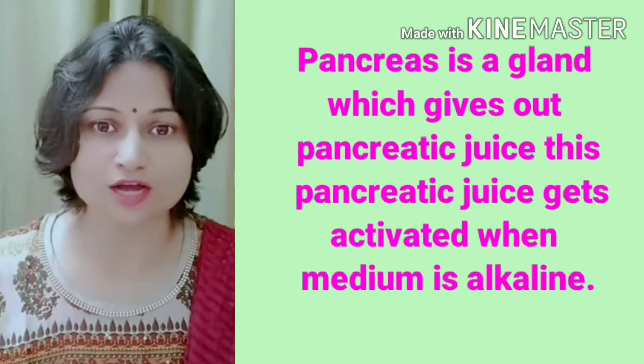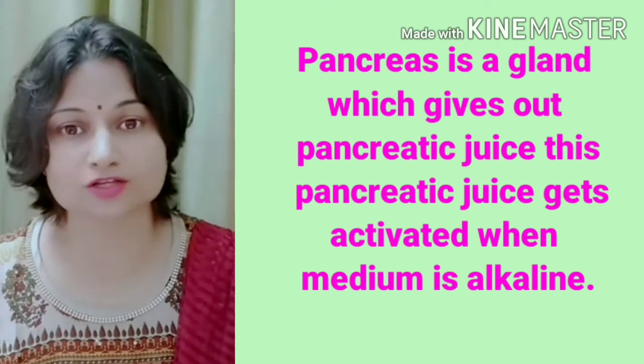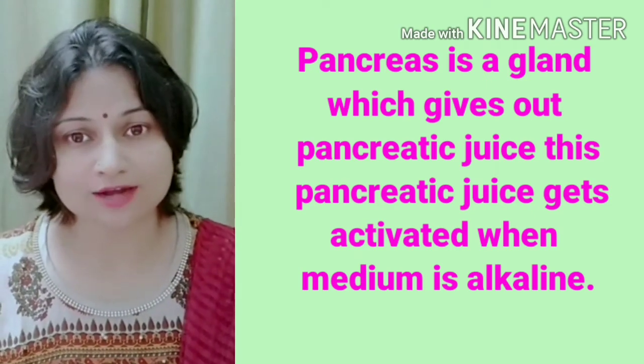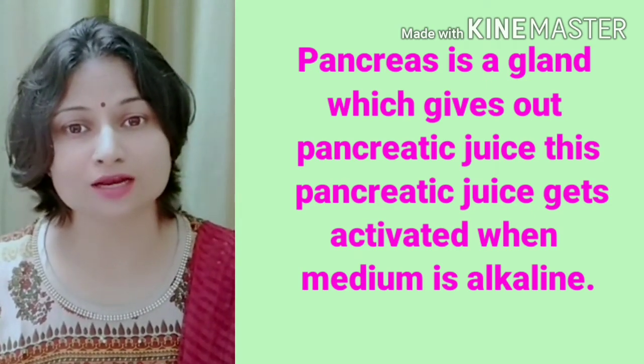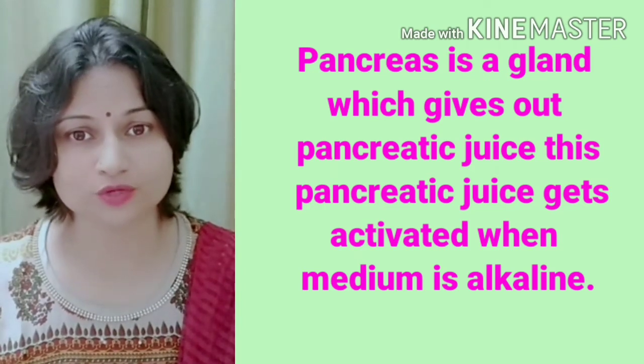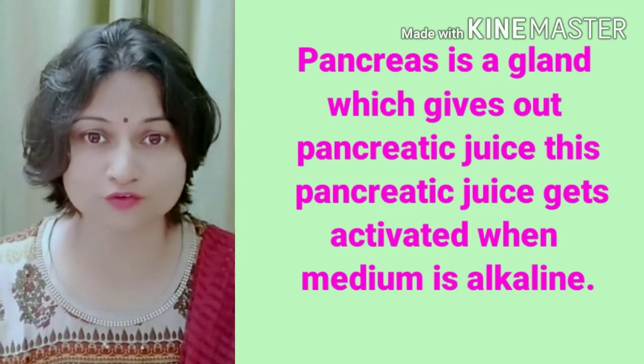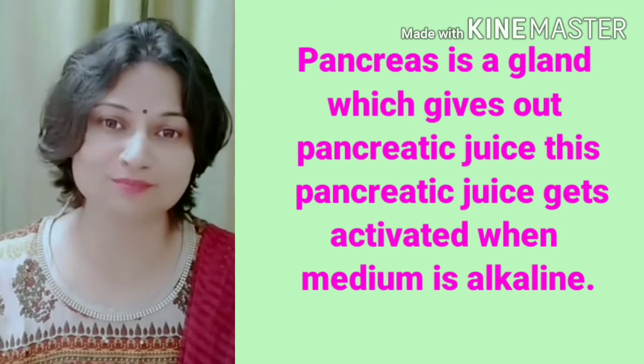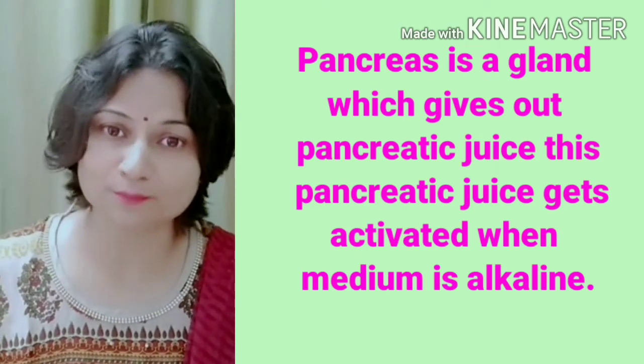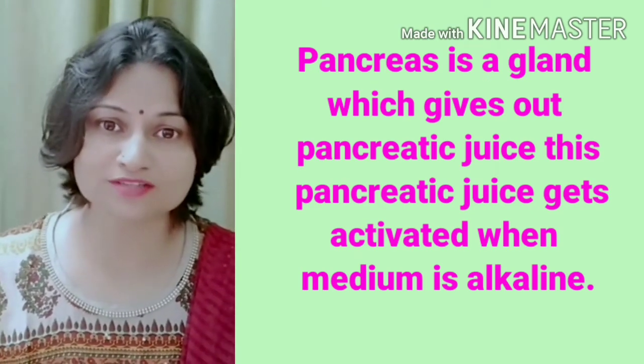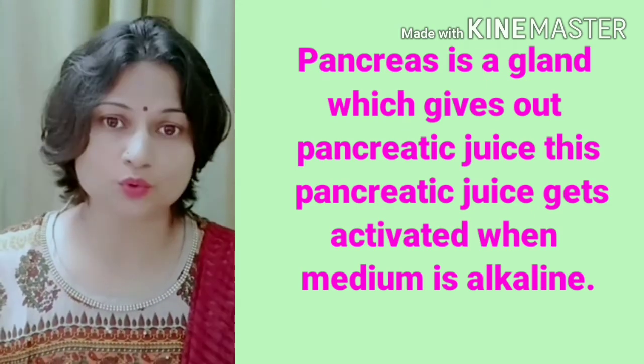Pancreas is also a large gland which gives out pancreatic juice. The pancreatic juice needs an alkaline medium to get activated, to function. And this alkaline medium is given by bile. So the liver is helping the pancreas.